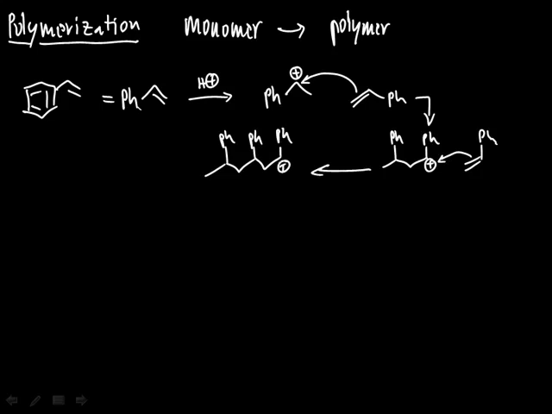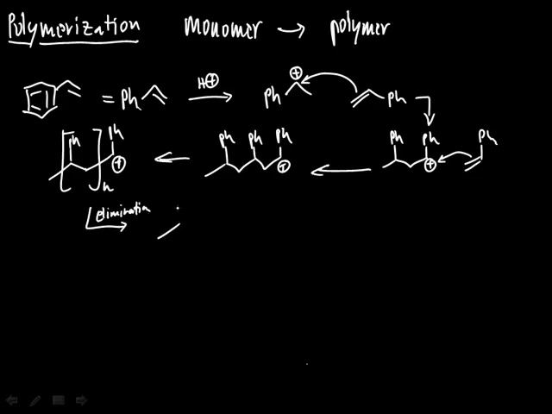And this reaction keeps going until we end up with a very large chain with a huge number of repeating units and a cation at the end. This cation now undergoes something that a lot of cations can do, and that is elimination, to finally terminate the chain and produce something that looks like this.